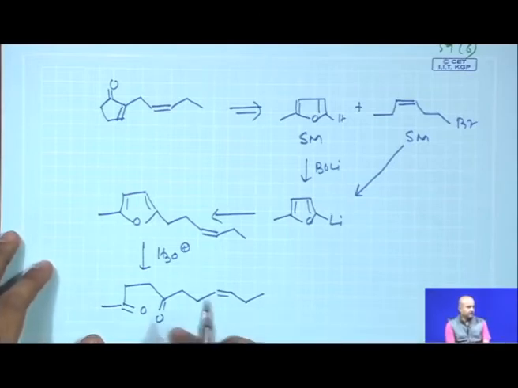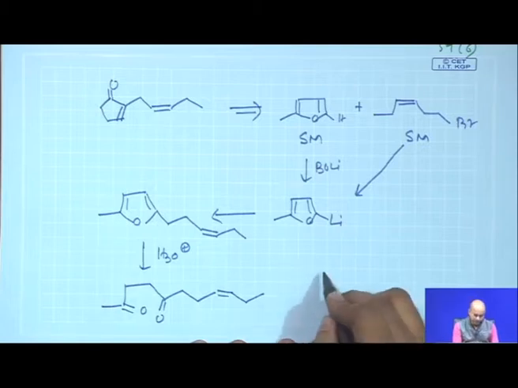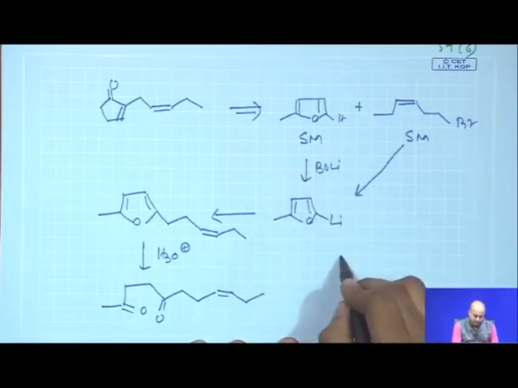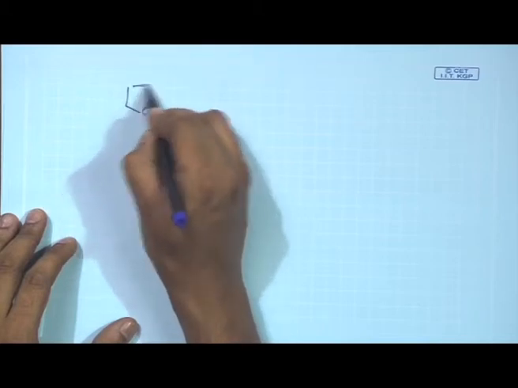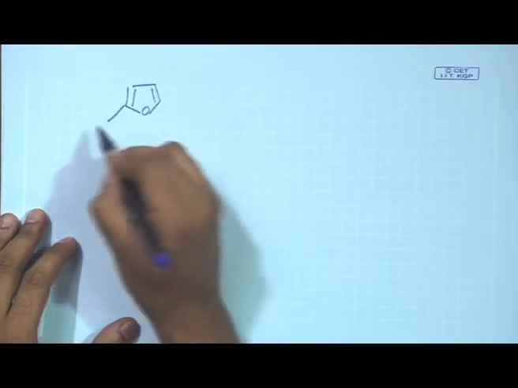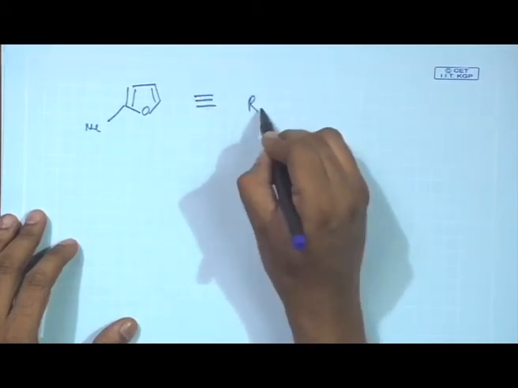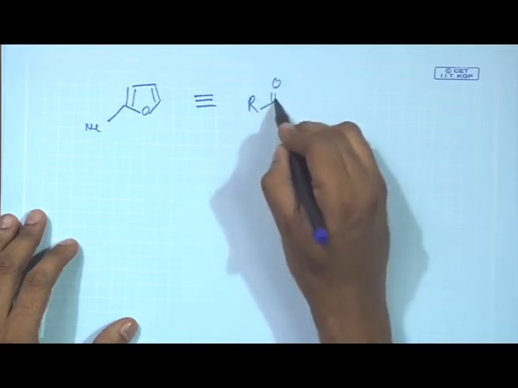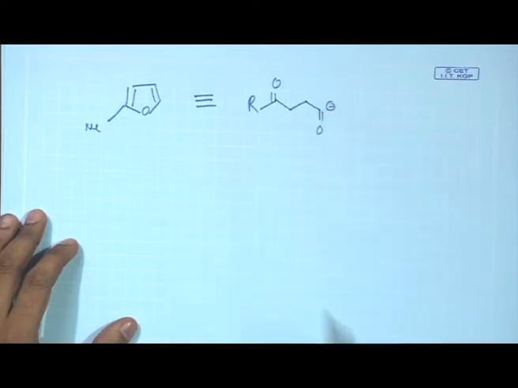Now, this dicarbonyl compound, we are visualizing the entire concept in terms of synthetic equivalence in this way. We are saying that a properly substituted furan, which is basically this methyl, can act as RC=O, CH2CH2, C=O minus.